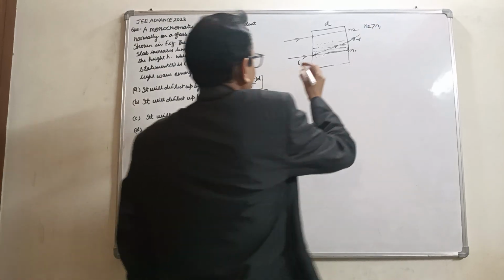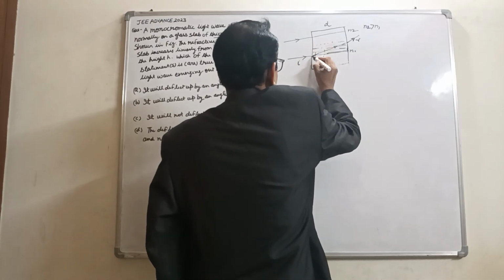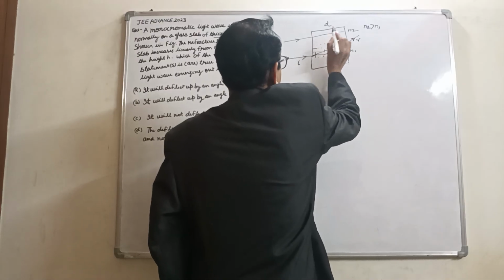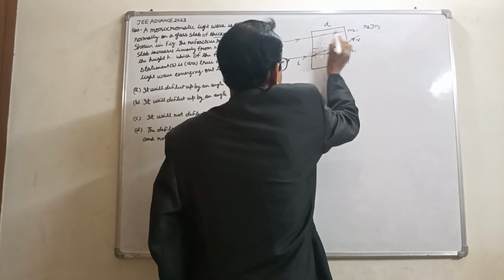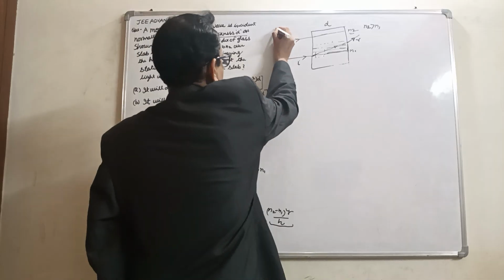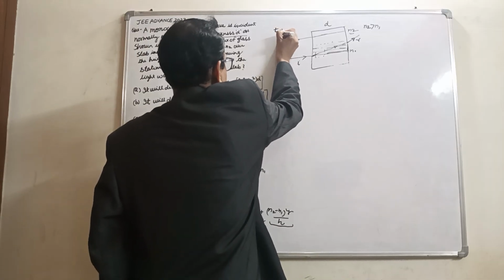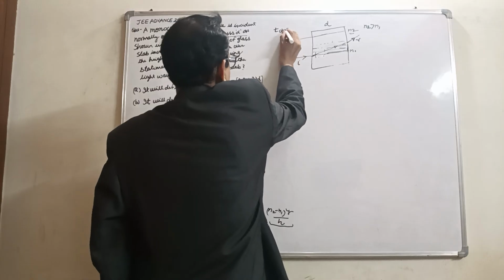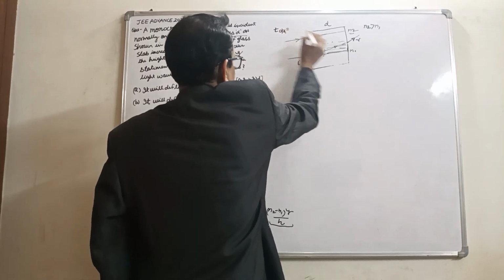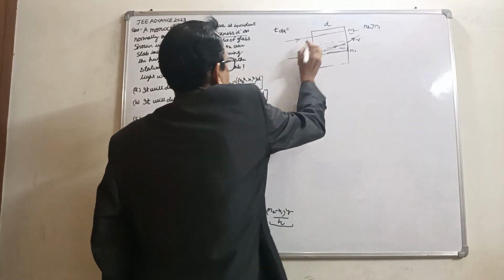Since N2 is greater than N1, the optical path traveled by the ray would be different.